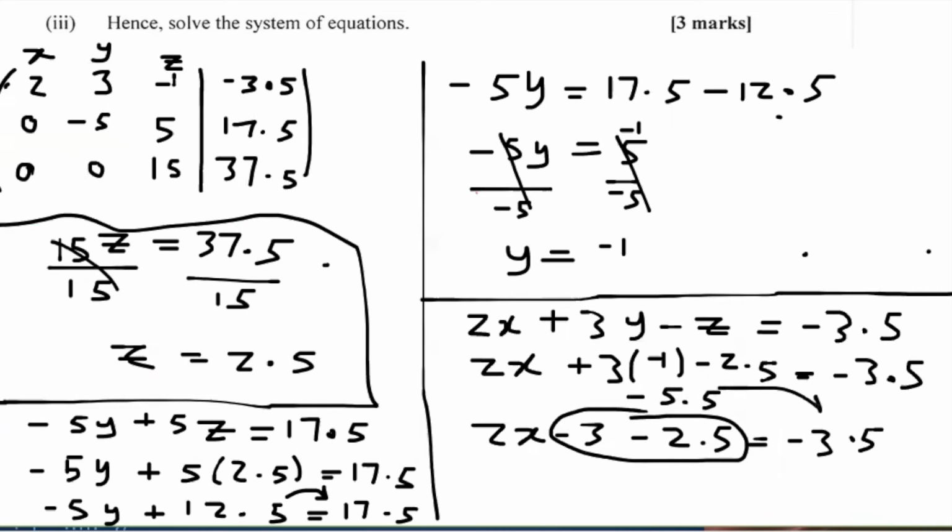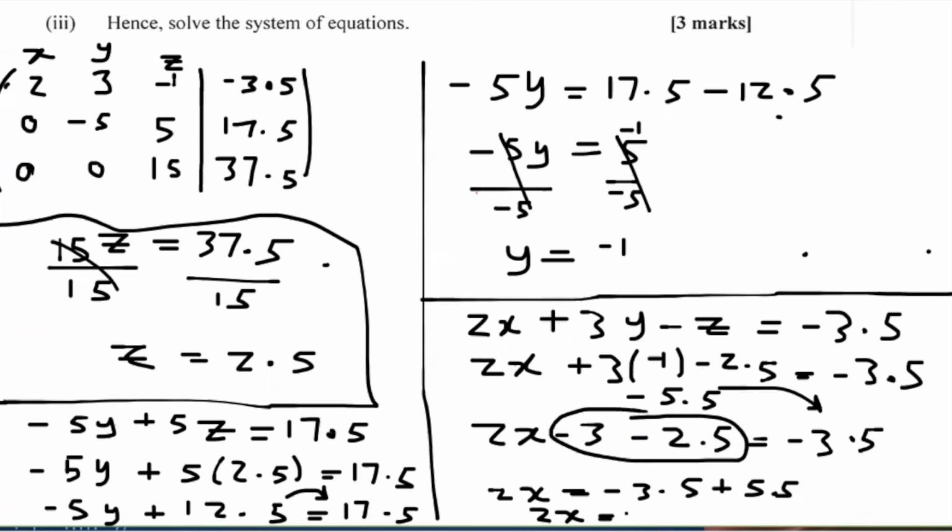Now I need to carry this over the equal sign so it becomes positive. So I have 2x equal negative 3.5 plus 5.5. So 2x is equal to minus 3.5 plus 5.5.